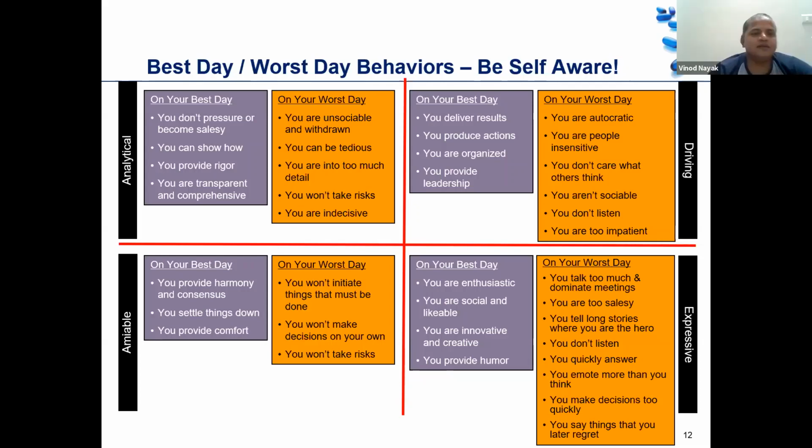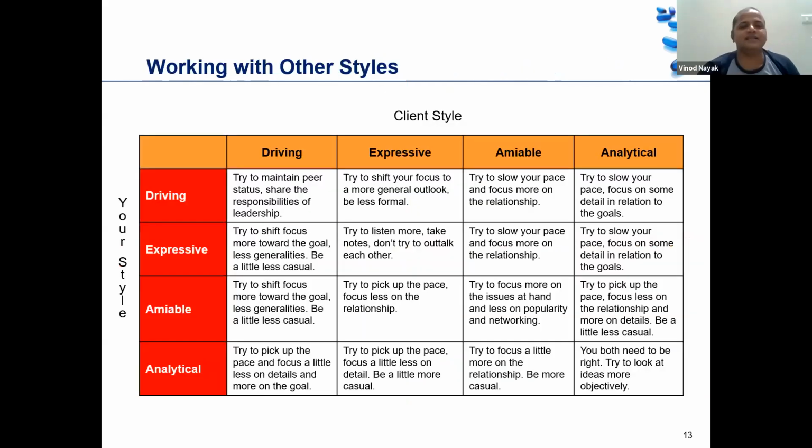Now, I'm talking about the client styles. On the horizontal, we put the client style, and on the vertical, we put our personality style. For example, if the person is a driver and you're also a driver, then what happens?